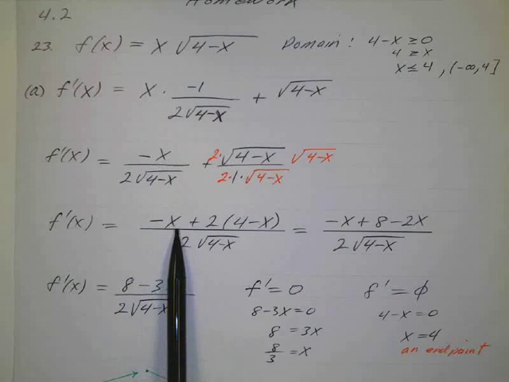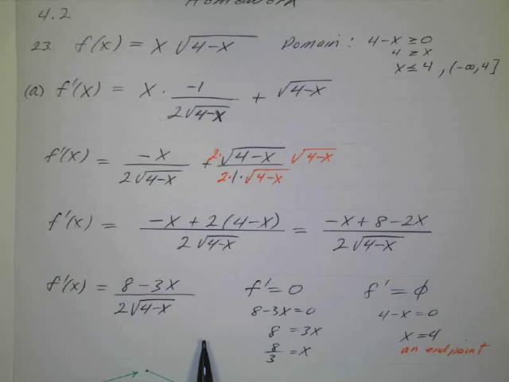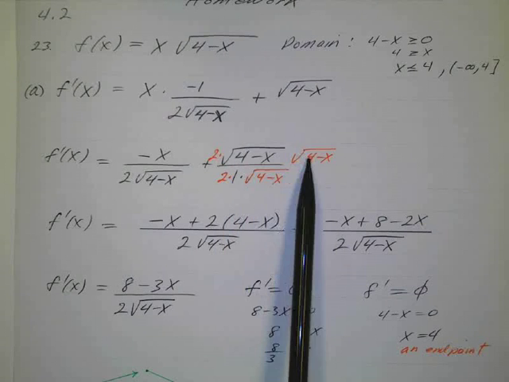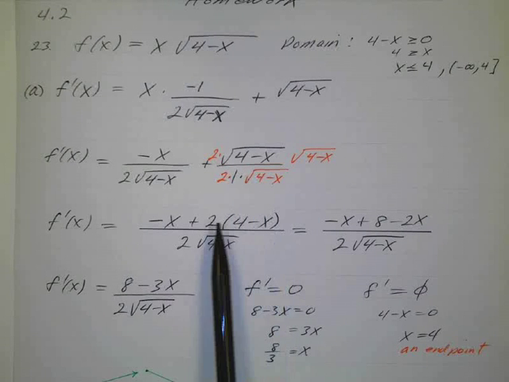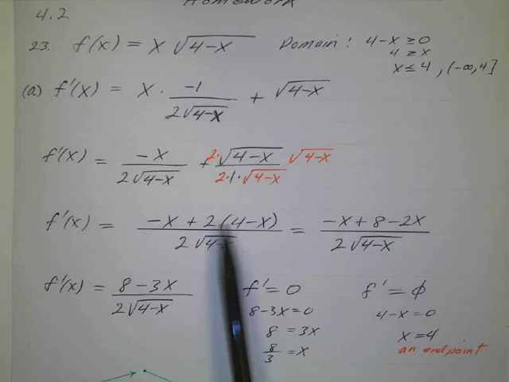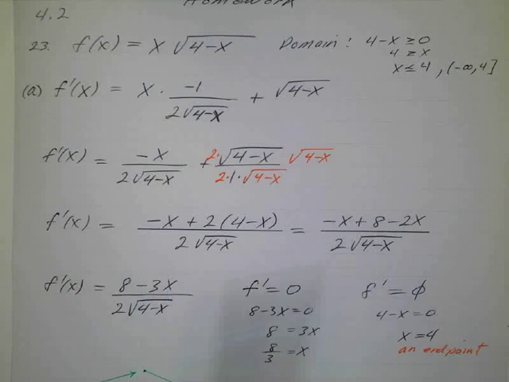So this just becomes my negative x, all over my LCD, 2 times the square root of 4 minus x. Then I've got 2, and the square root of 4 minus x times the square root of 4 minus x is just 4 minus x. Then if I multiply that by 2, there's my negative x, and then 2 times 4 is 8, 2 times negative x is negative 2x, and the top simplifies to 8 minus 3x.